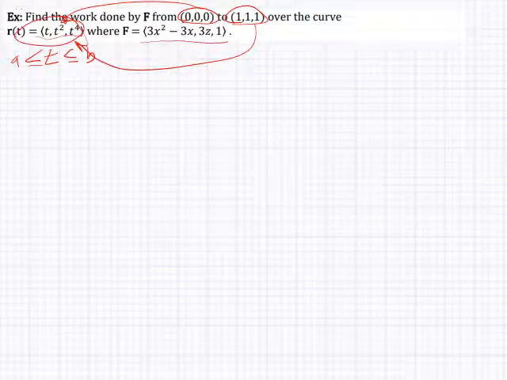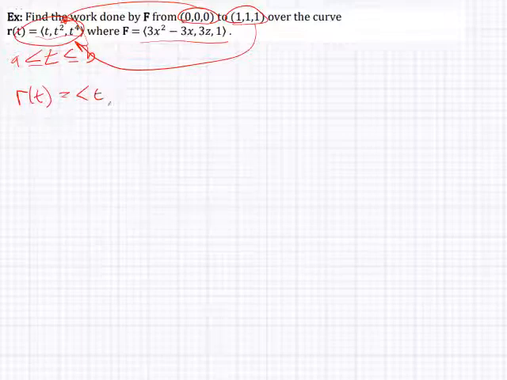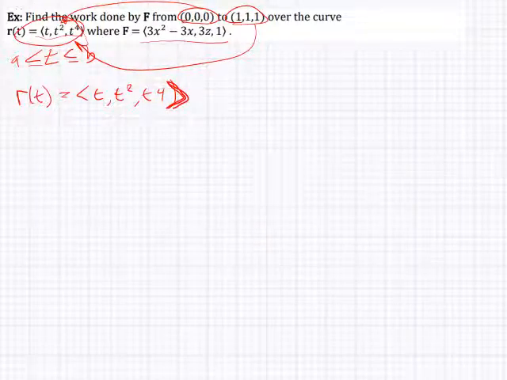So we have the curve, and the curve is parameterized with this vector valued function. We just don't know what the interval of t is. Well, it's pretty simple if we look at r of t being t squared, t to the fourth. I should say something first.